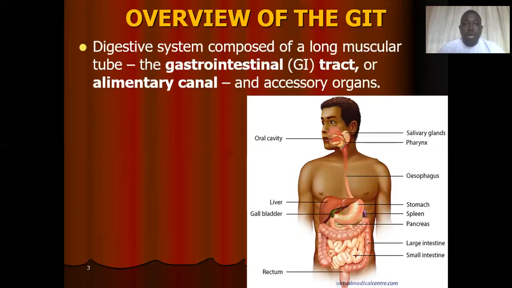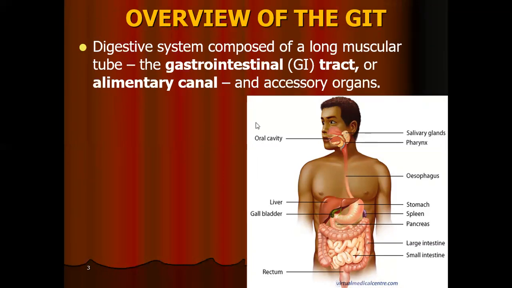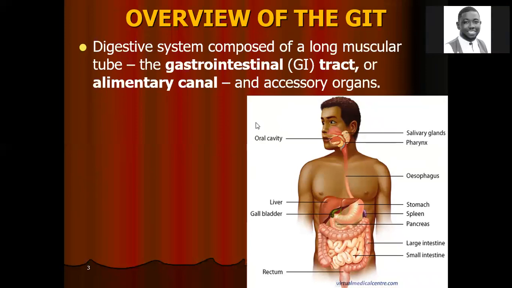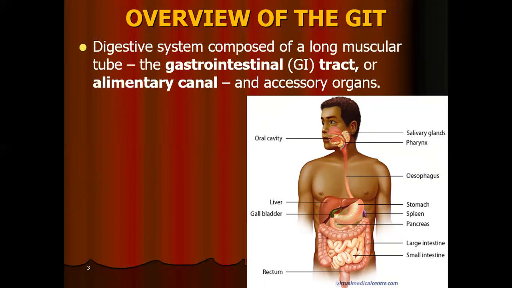So now we want to look at the whole overview of the gastrointestinal tract. Now, when we talk of the gastrointestinal tract, or better still, the digestive system, it's a system that is composed of a long muscular tube, which is called the GI tract, or the alimentary canal.